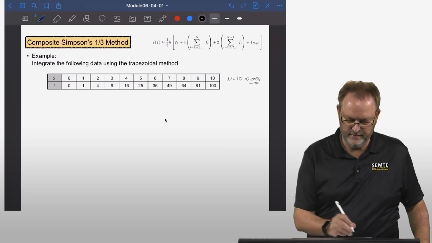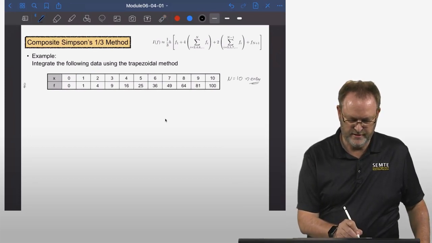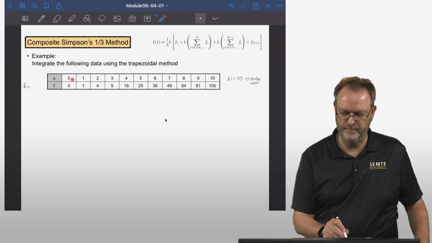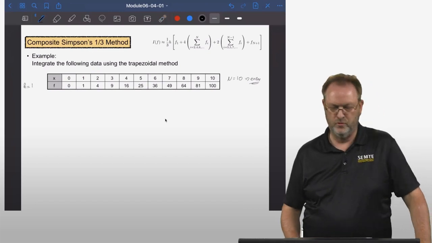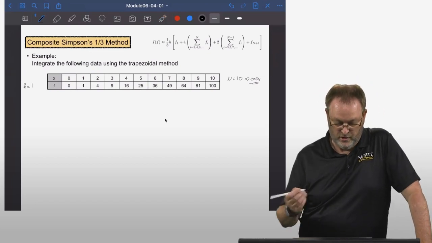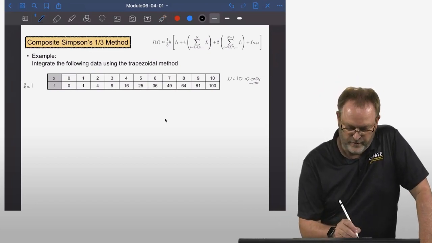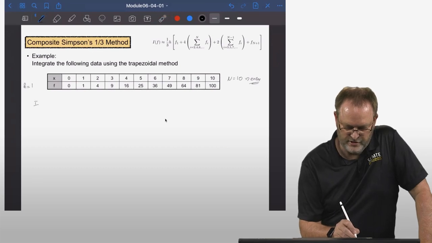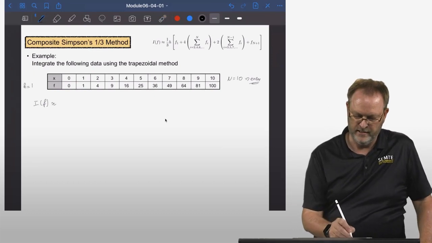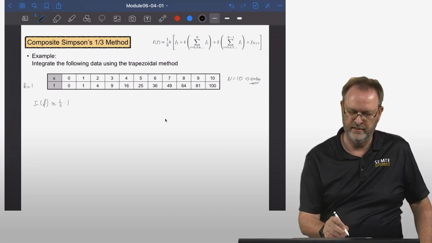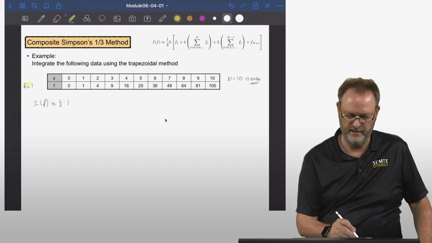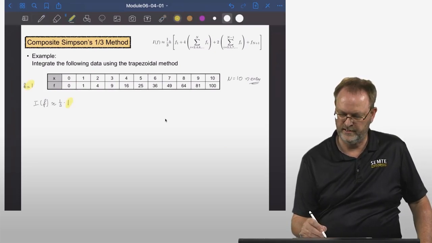What's our spacing? h is the distance between adjacent points. That's always a constant, and in this example, h is equal to 1. Okay then, let's use the formula to approximate the integral. So I of f is approximated by 1/3 times h, so that's 1/3 times 1. That's my 1 here, that is the h.